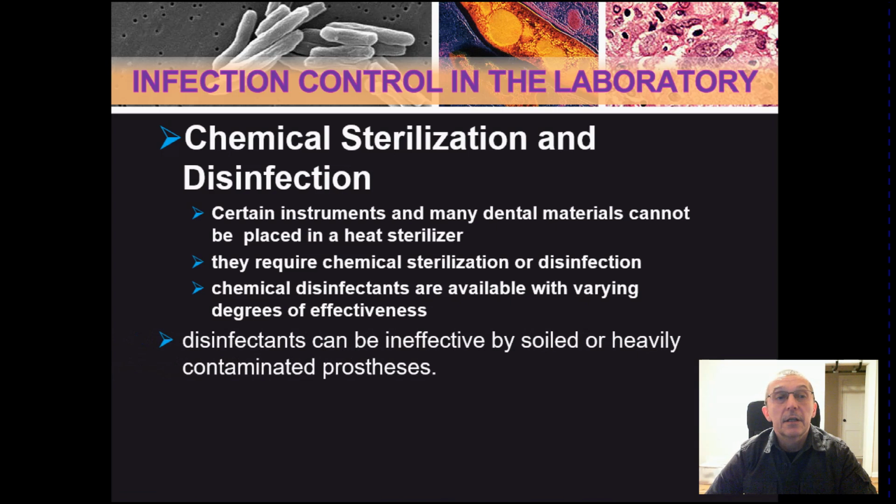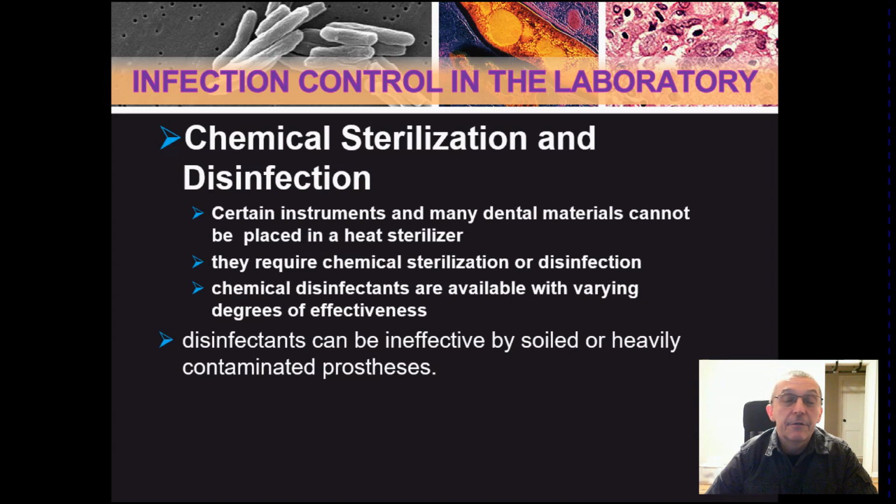Disinfectants can be ineffective on heavily soiled materials. For instance, when we have a dental prosthesis that has a lot of calculus on it, some caked on materials, these materials can seal the contact point between this material and the instrument, or this material and the prosthesis.